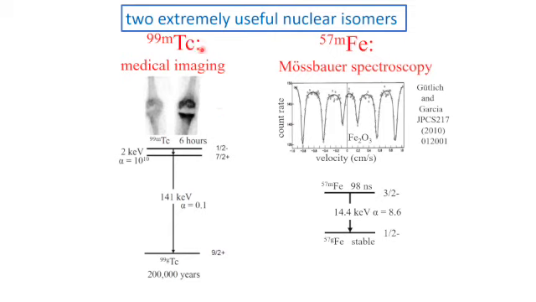One is medical imaging with technetium-99, and that's an isomer, and that's quite an ideal situation because chemically, the technetium gets into different parts of the body depending on how it's introduced, but it can be used to show up joints that have problems.